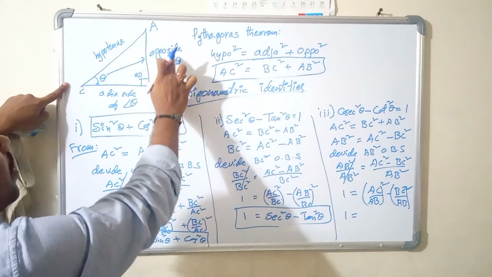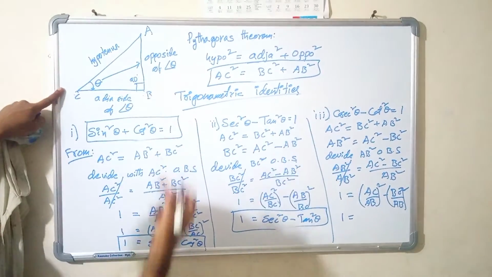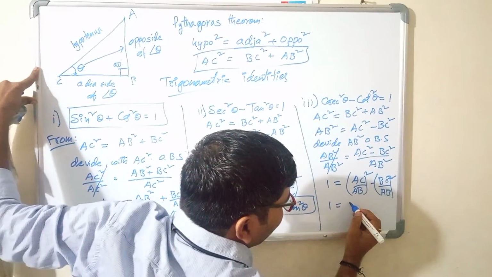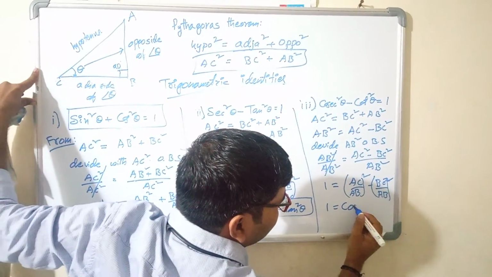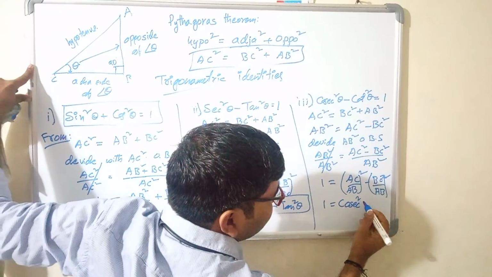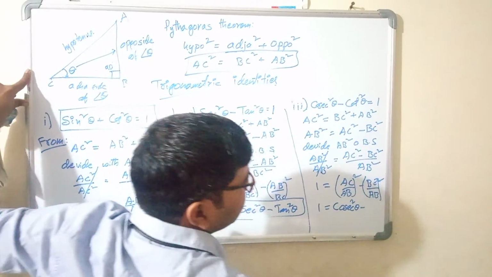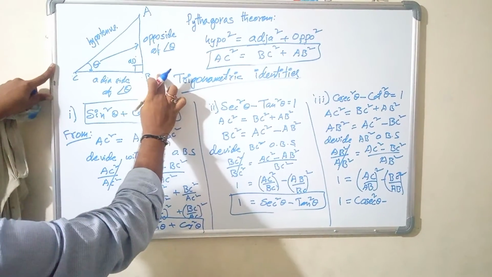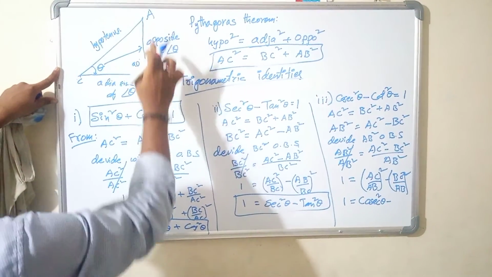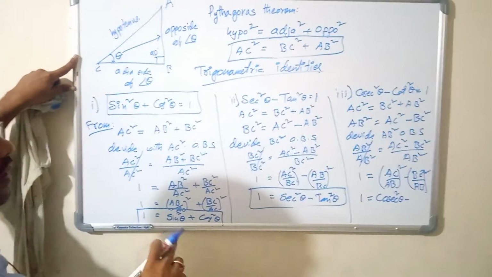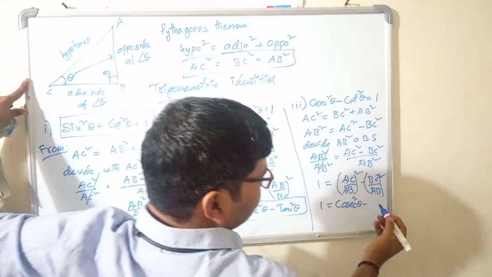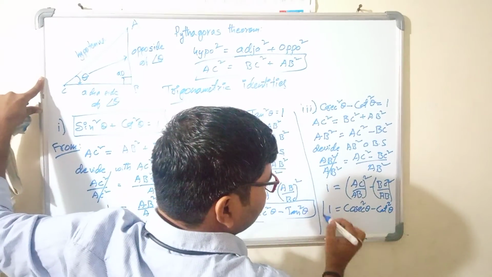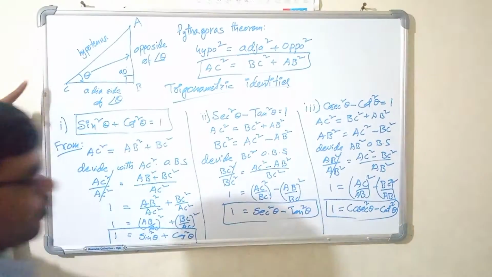Sin theta is opposite side by hypotenuse, the reciprocal is cosec theta. Here square means cosec square theta. Minus this is BC by AB. BC means adjacent side, AB means opposite side. Adjacent by opposite side is the reciprocal of tan theta, that is cot theta. Here square means cot square theta. This is the one formula.